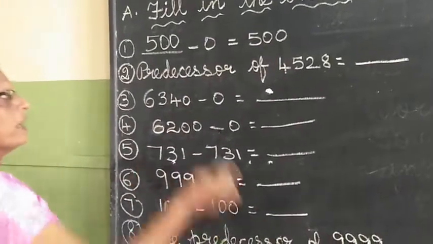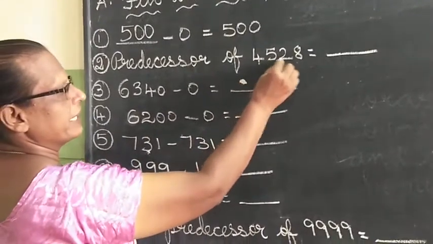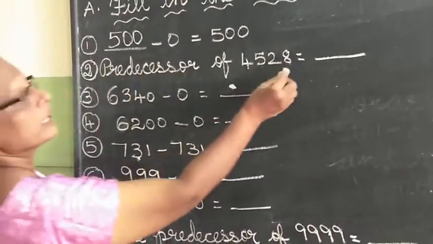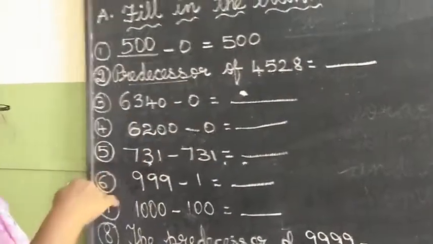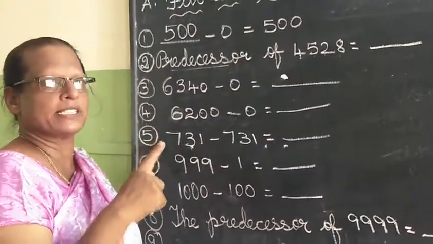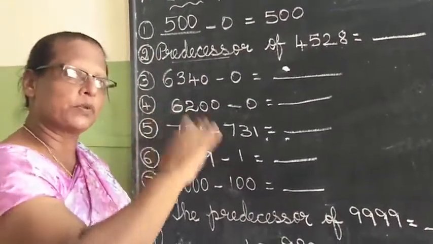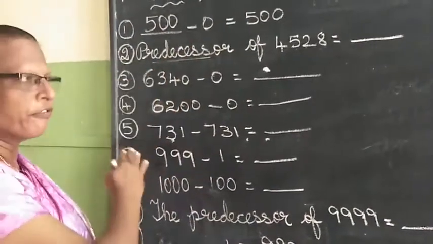Okay children, the second one, predecessor of 4,528. Predecessor means what, children? Before number. In the addition sum we saw successor. Successor means after number, and predecessor means before number.